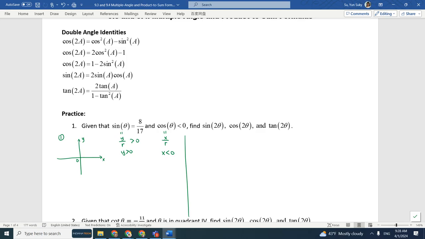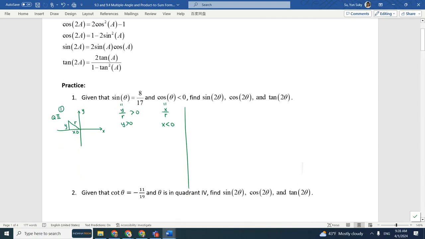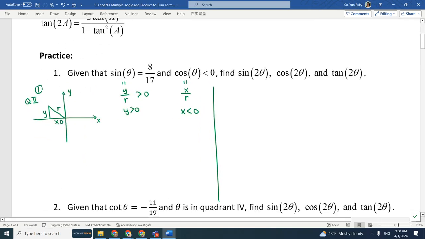So x is negative, so it's on the left side of the y-axis. And y is positive. Which quadrant are we in? Quadrant 2. So you draw a little rectangle. That's x, that's y, and that's r. Is that okay, everybody? Now you can start playing.